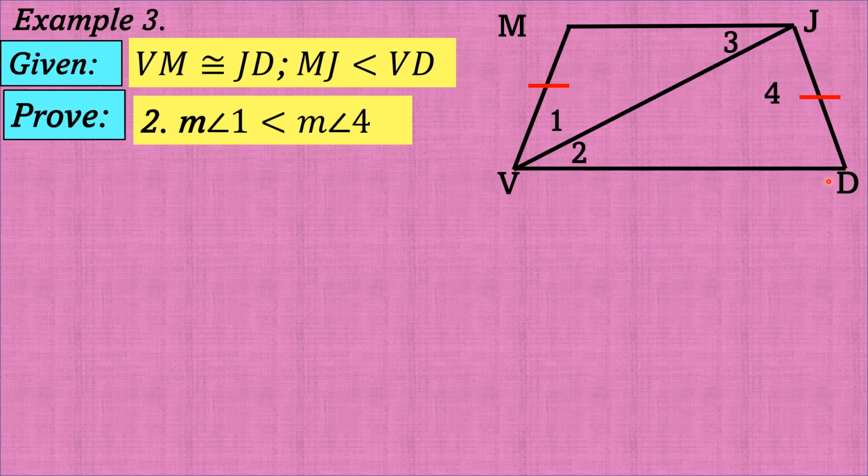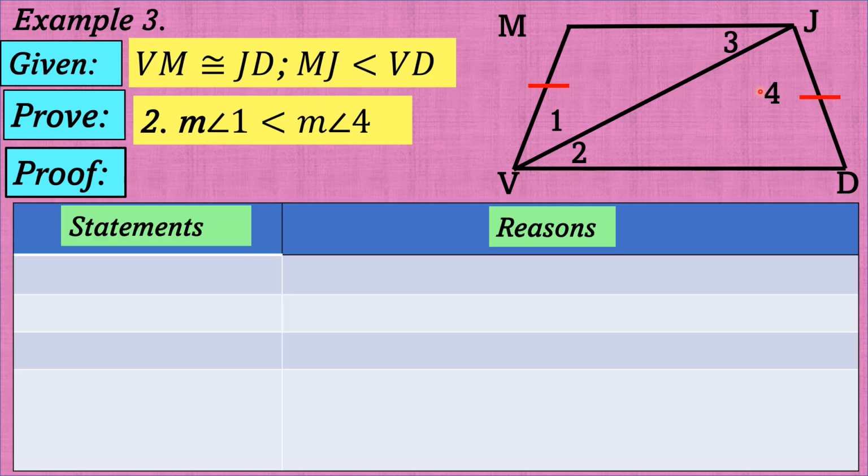So we are going to prove now that the measure of angle 1 is less than the measure of angle 4. So how are we going to present that in the two-column proof? So this is our table. Now, our first statement will be side VM is congruent to side JD. And what is our reason there?